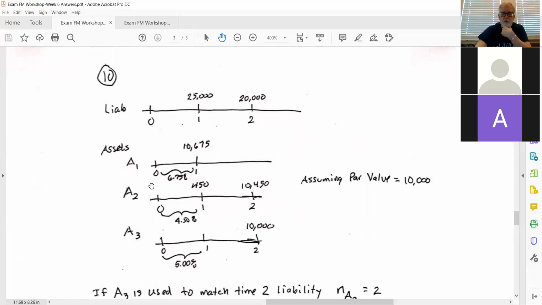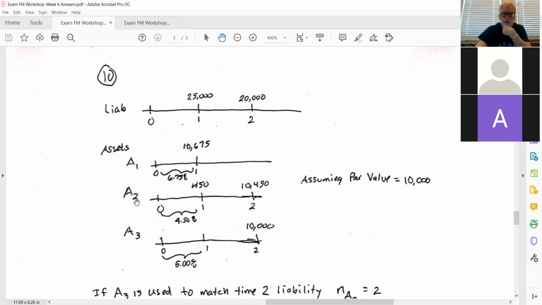Oh, it says that that one is trading at par. So because it's trading at par, we know that the yield is the same as the coupon rate of 6.75.